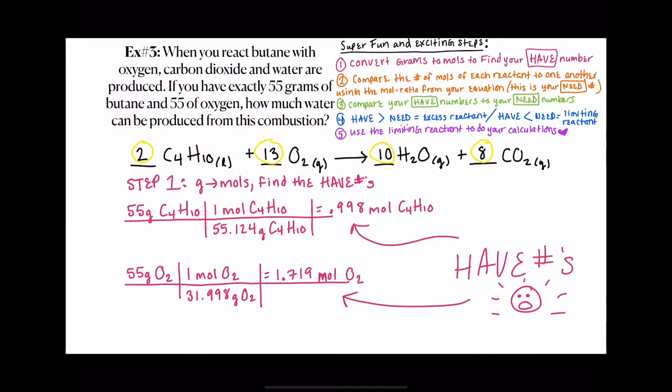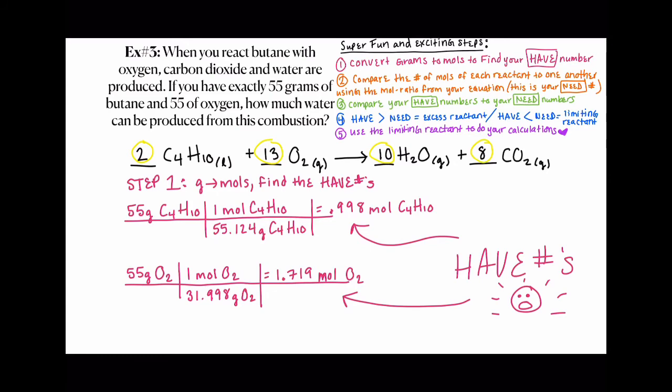Okay, this is a new problem. We're going to look at when you react butane with oxygen, carbon dioxide and water are produced. If you have exactly 55 grams of butane and 55 grams of oxygen, how much water can be produced from this combustion? Step 1, the easiest one, we're going to find the have numbers.